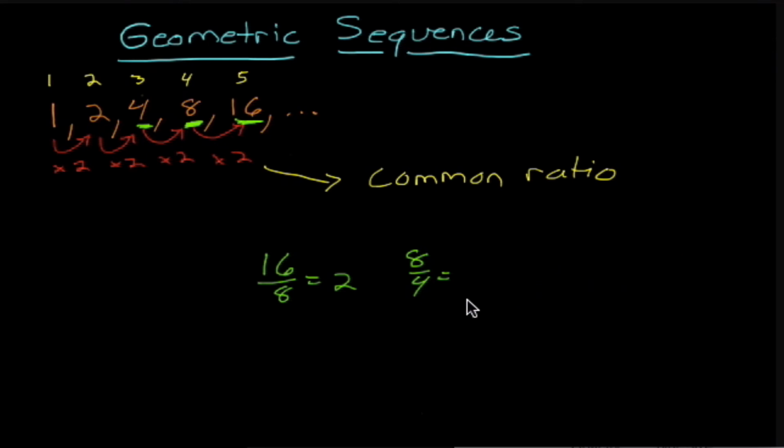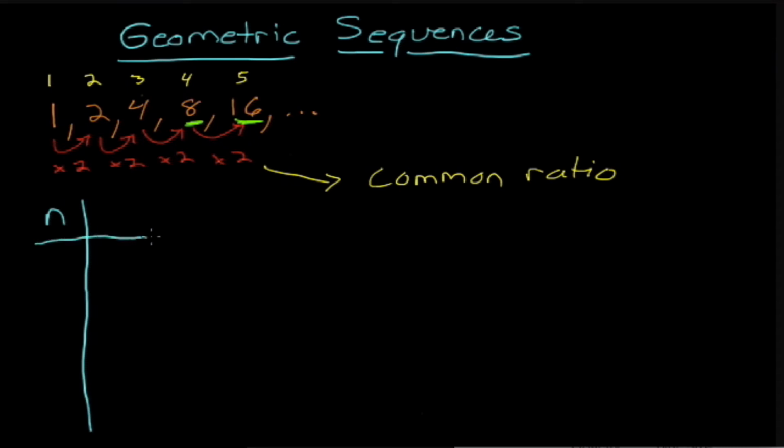Now let's see how we can use this common ratio to derive a formula for a geometric sequence in the same way we derived a formula for an arithmetic sequence. So we'll start with the same function table where n is our nth term, the term number, and a sub n is the nth term. So our first term is 1, our second term is 2, our third term is 4, and let's go to a fourth term here.